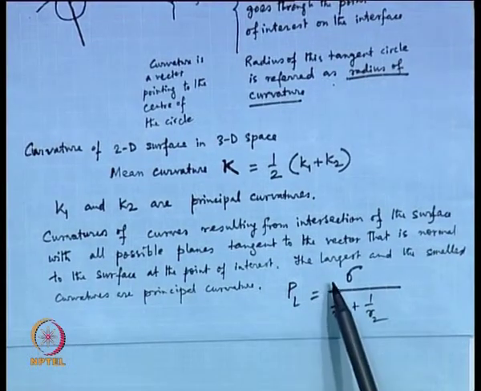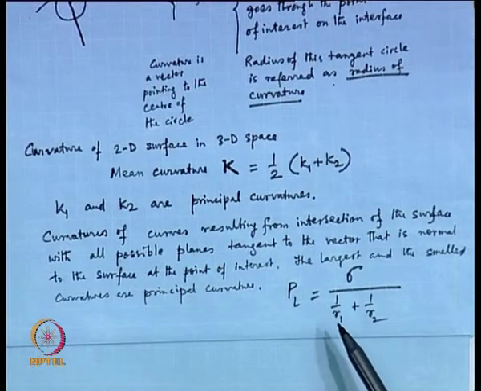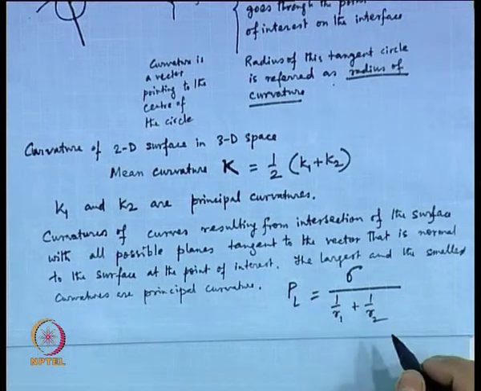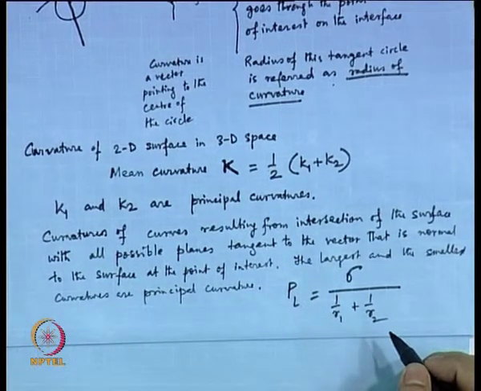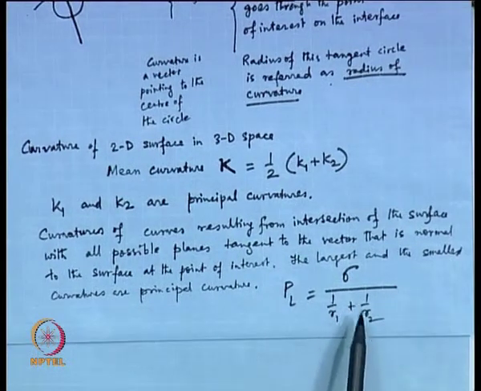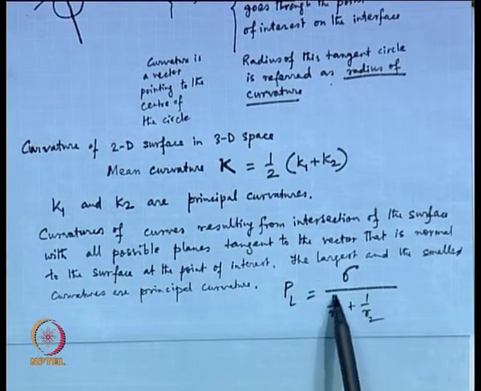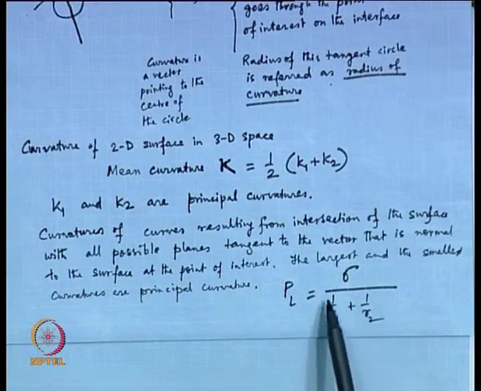For the sphere we had it as 2 sigma divided by R. Instead of that we have now that R by 2 is replaced by 1 by R1 plus 1 by R2.